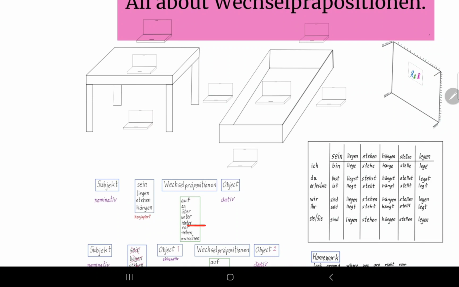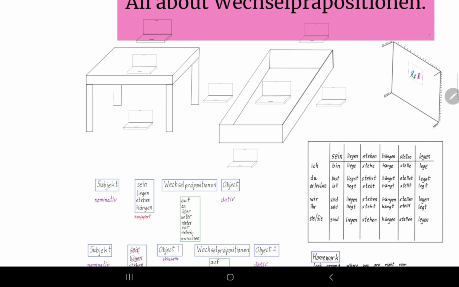Then what is hinter? Hinter is behind. So if this laptop over here is behind, if you're standing over here, if this is your point of perspective, then if you're looking from here, this will be front, this is behind, right? So hinter is behind. Then vor is in front.